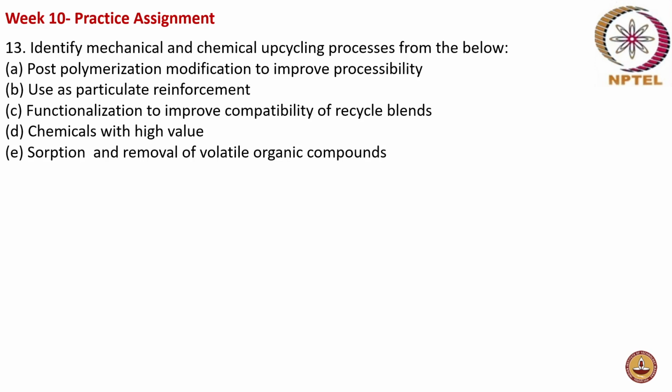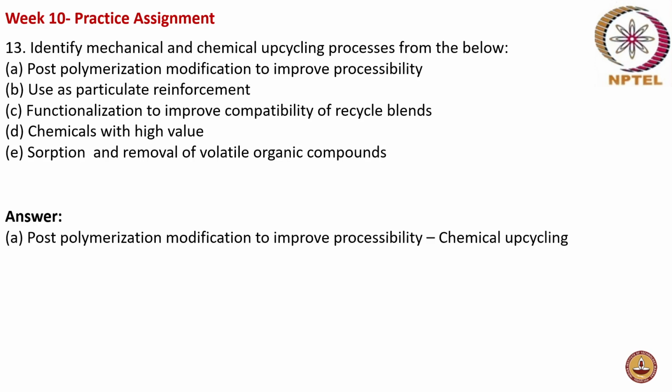Next, functionalization to improve compatibility of recycled blends. Next, chemicals with high value. And final is sorption and removal of volatile organic compounds. So we have to identify which kind of upcycling each of these belongs to.